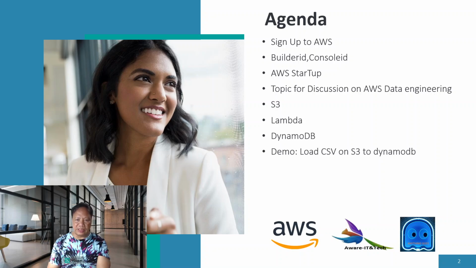For the startup, you will need your builder ID there, and then you will link that to your console ID. If you're a startup, you'll have $100,000 for credits to use AWS. Then we talked about the topics we need to learn in data engineering. I talked about S3, which is the container that holds your CSV file when you upload it. We talked about Lambda, talked about DynamoDB, and then we did them.